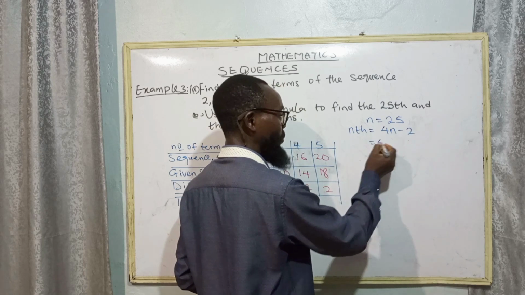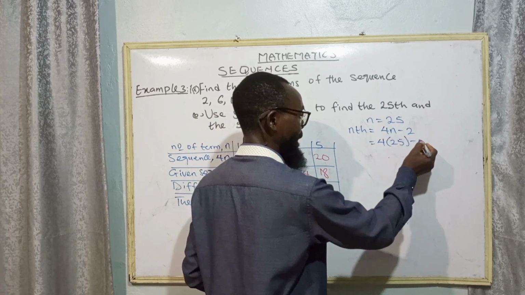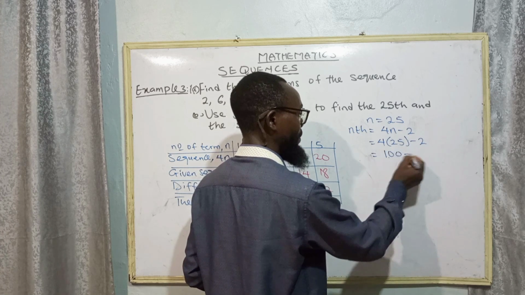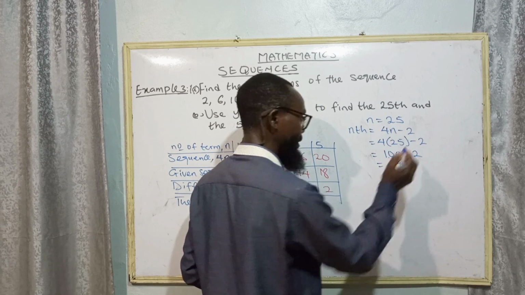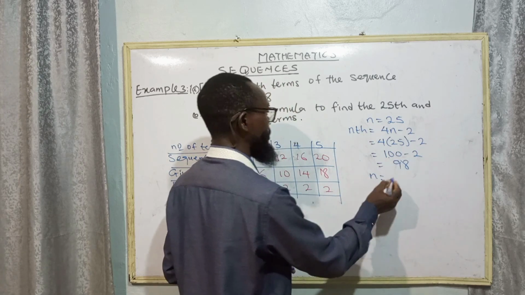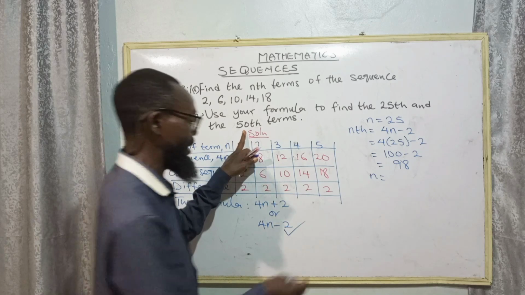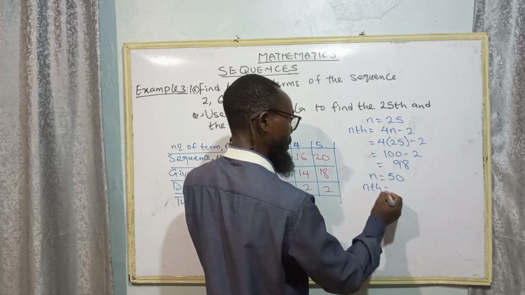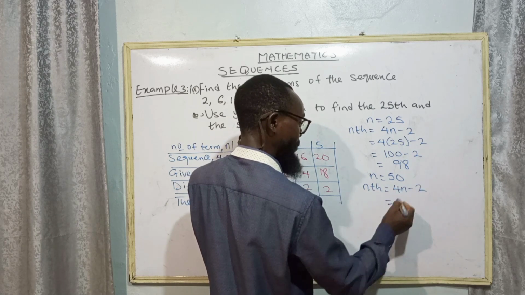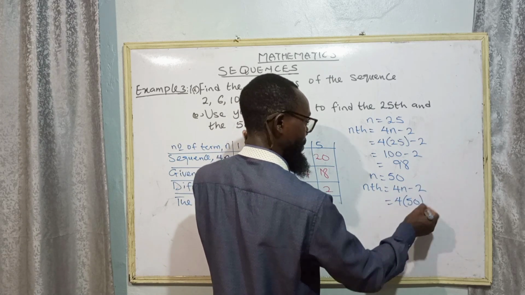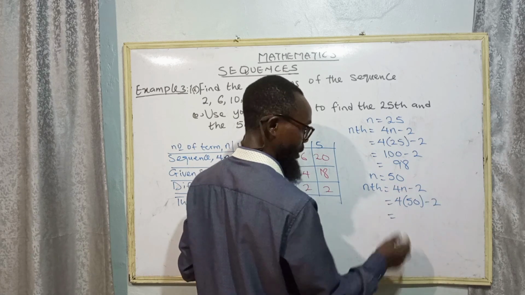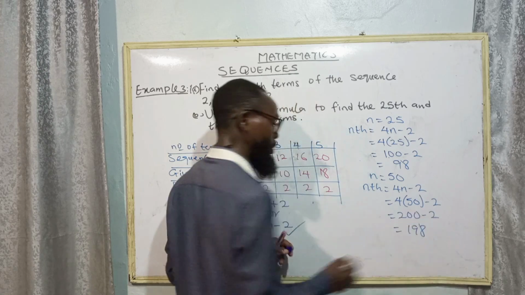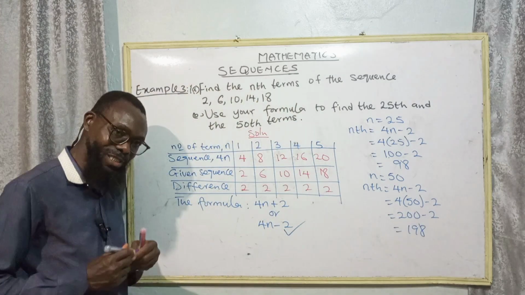So we have 4 multiplied by 25 minus 2. 4 times 25 is 100, minus 2 is 98. When n equals 50, the nth term is 4n minus 2, so 4 times 50 minus 2. 4 times 50 is 200, minus 2 is 198. So this is how to go about sequences.